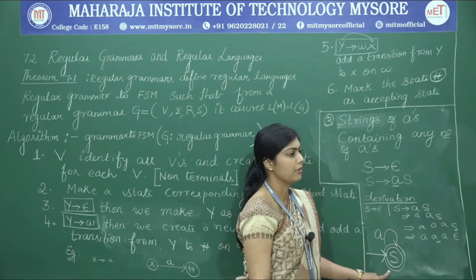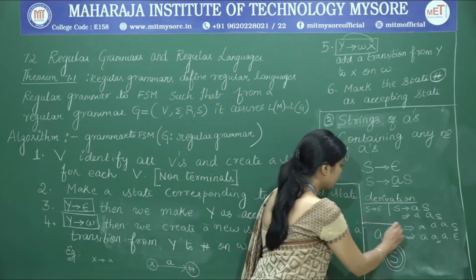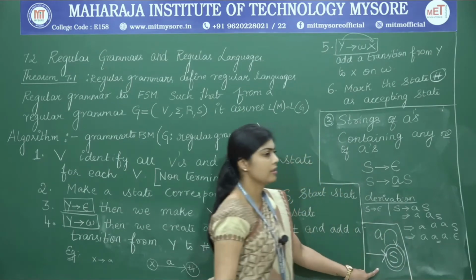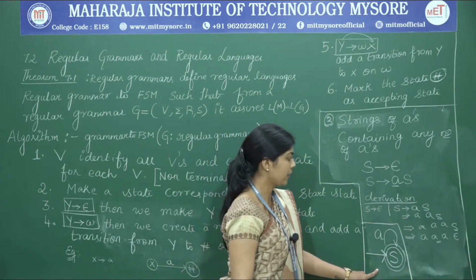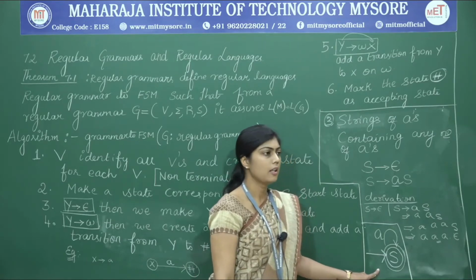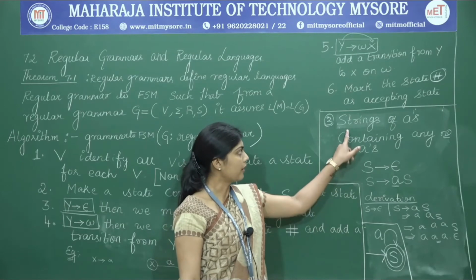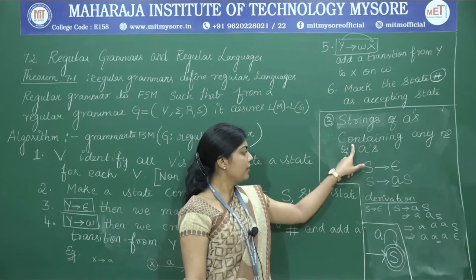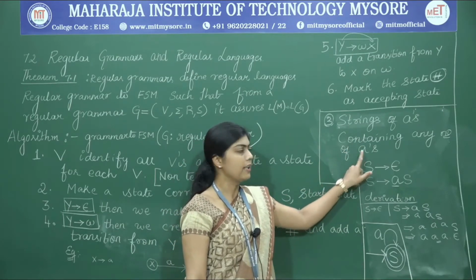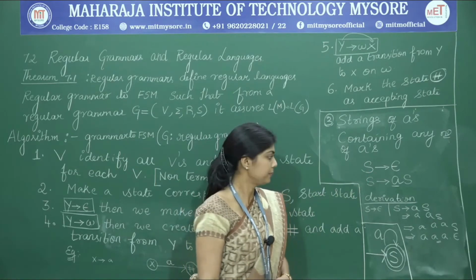So that is what we have written. The automata itself is this part of the diagram. This is the transition diagram, the automata that we have written for the grammar of strings consisting of any number of A's.